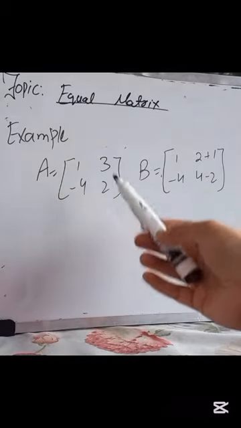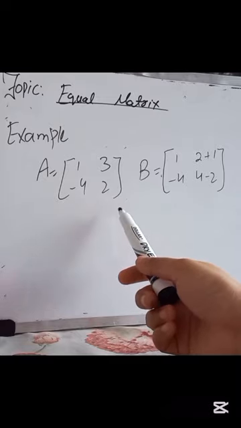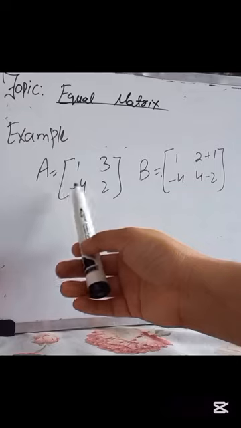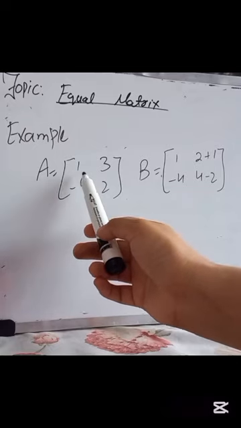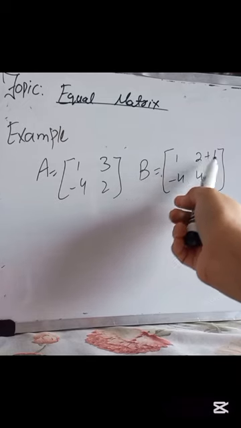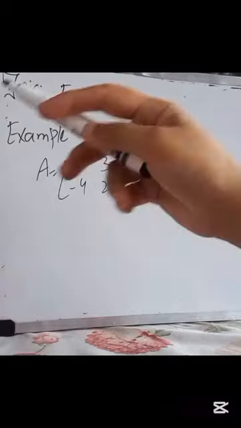Now we are going to solve this example. Check whether they are equal matrices or not. Here we have two matrices. A is equal to 1, 3, minus 4 and 2, and B is equal to 1, 2 plus 1, minus 4, 4 minus 2.